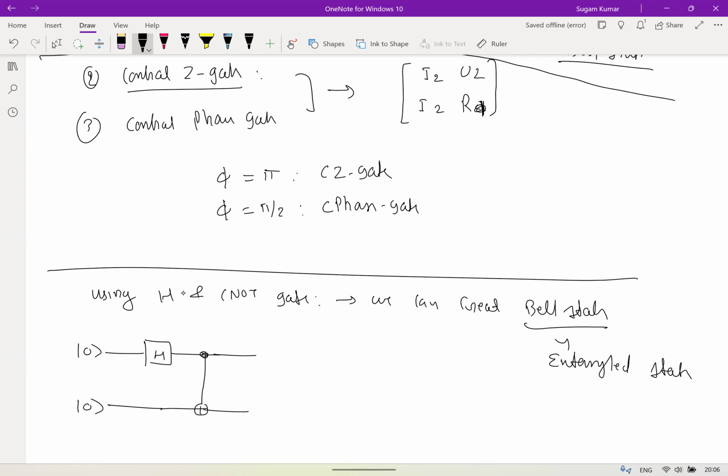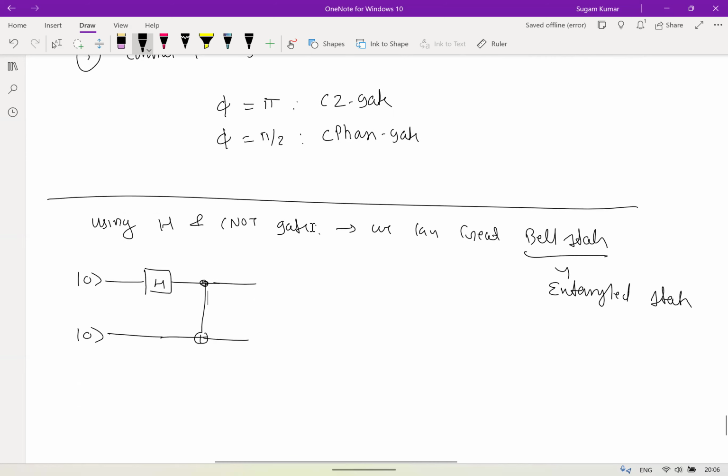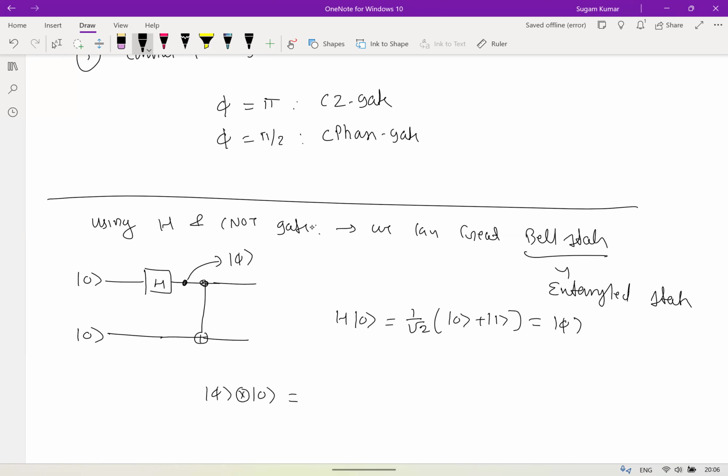So what is happening now here? Look at now. H operates on the 0. You will get 1 by root 2 times 0 plus 1. So at this location, you will get this state, which maybe we can call phi. So the state here will be phi. Now for the CNOT, you will get the state phi tensor product 0, correct?